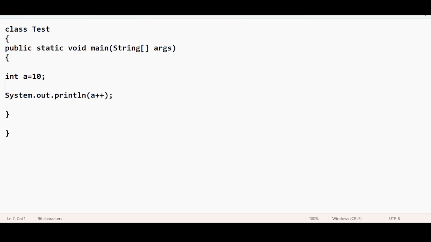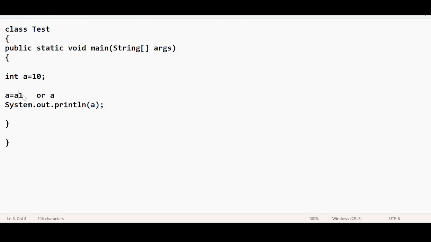Understand my question? Very simple. If you want to represent a equal to a plus 1, you can either choose to represent it like this or you can choose this. Both are the same. When I say a equal to a minus 1, this is like a minus minus. Both are going to be the same.